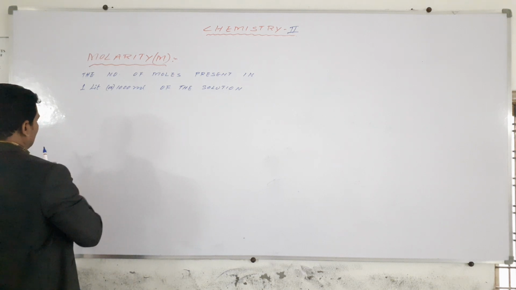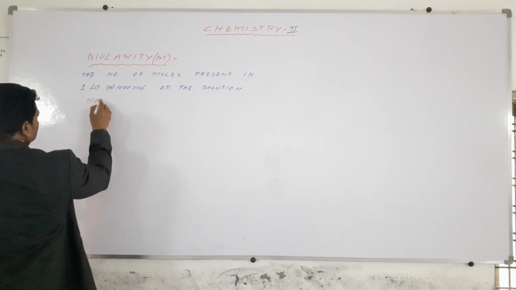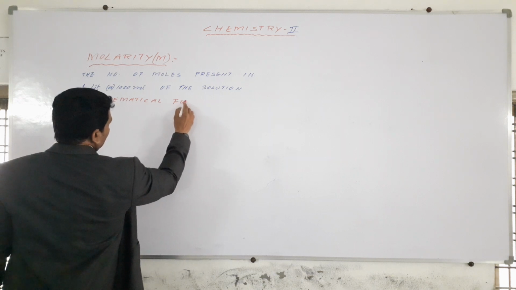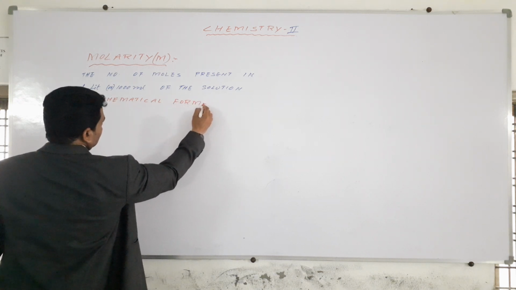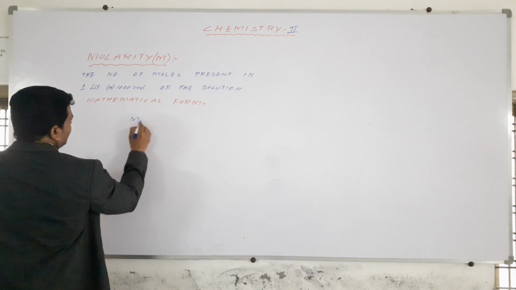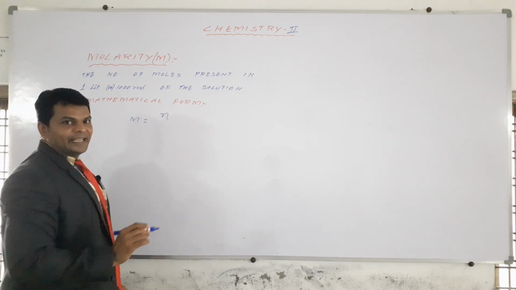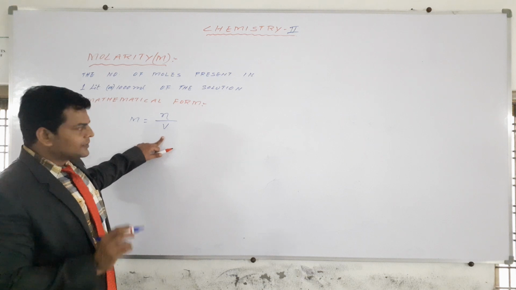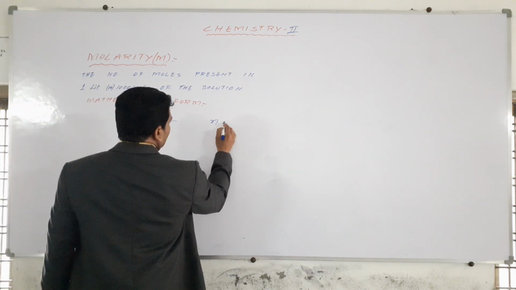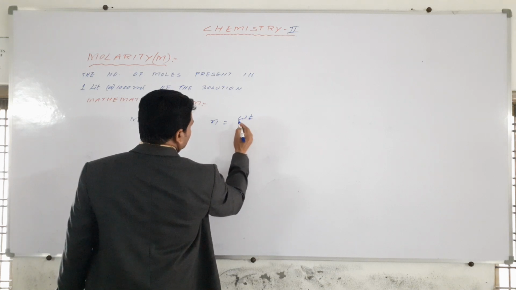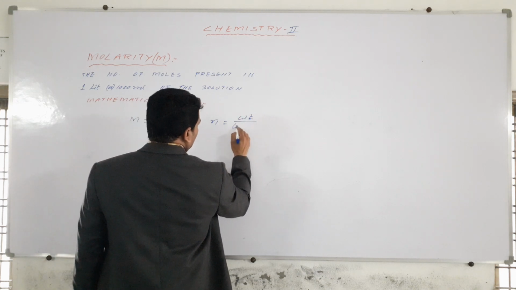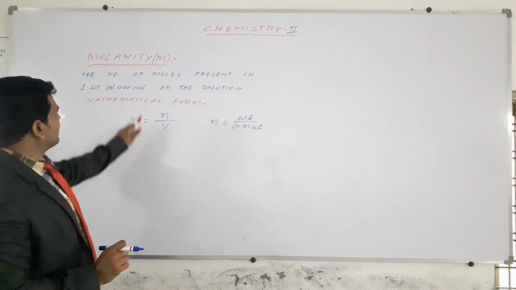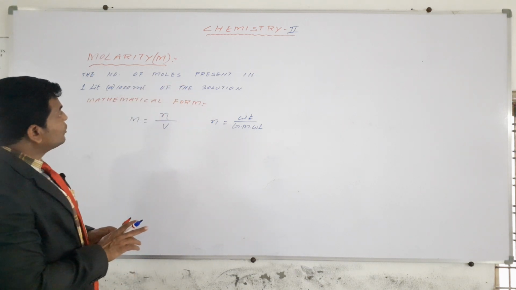So, mathematical form. Molarity equal to number of moles, that is N, by volume of the solution, that is V. Here N equal to weight by gram molecular weight, the number of moles of solute.